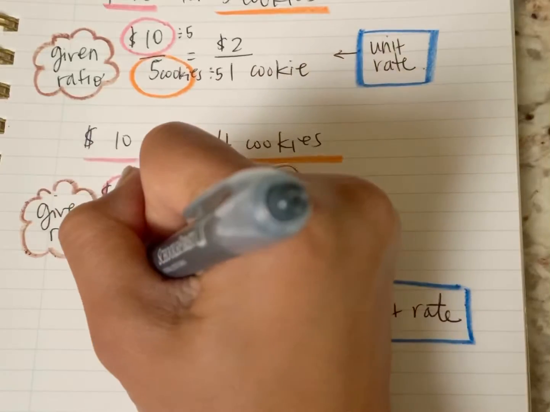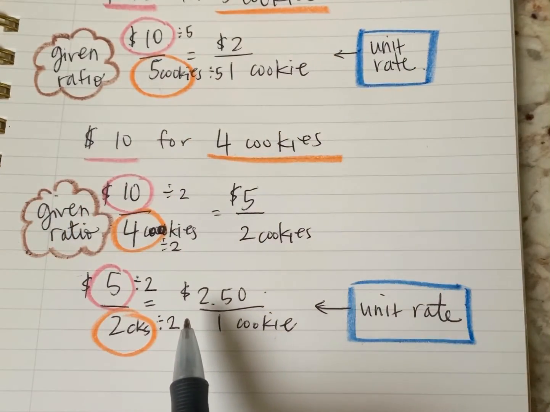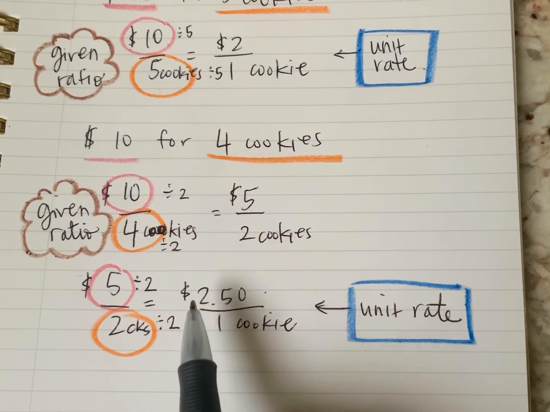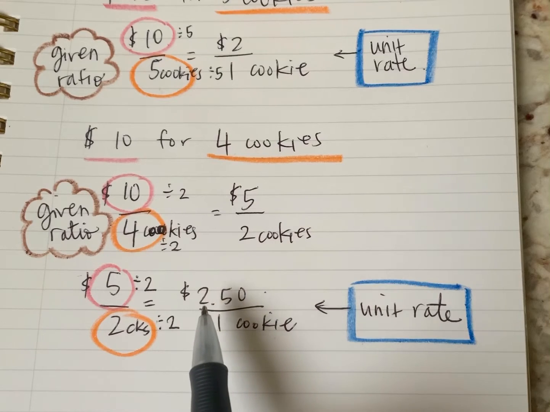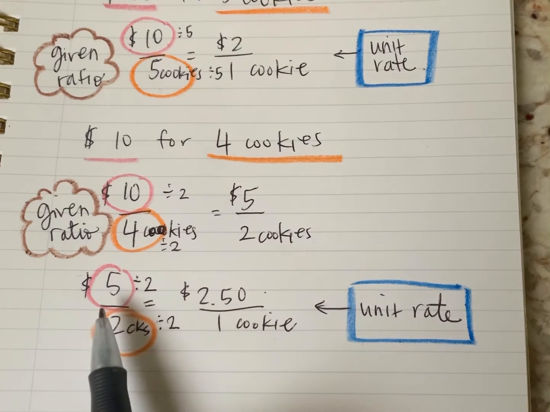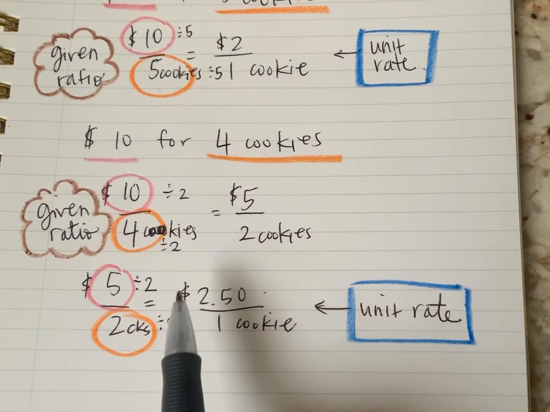I'm going to divide 5 by 2. And because I'm working in dollars, I'm going to make sure that the top part of my unit rate is going to look like dollars. So I know that 5 divided by 2 is 2.5, right?